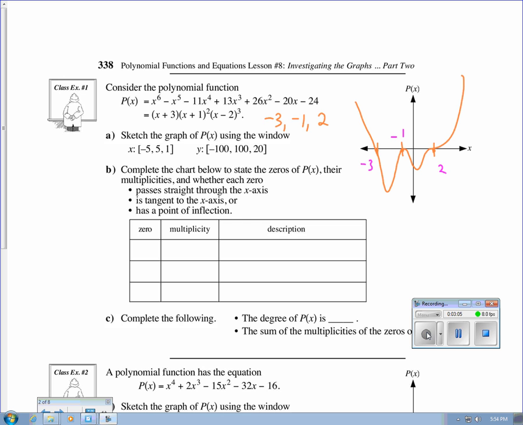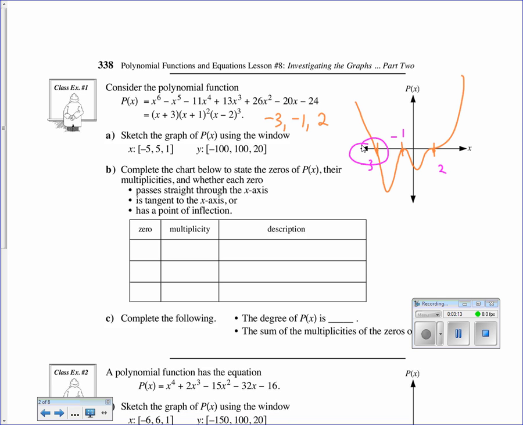We see the multiplicity of 1, 2, and 3. The multiplicity of 1 is at x equals minus 3. It just goes straight through the x-axis. That's a multiplicity of 1. So when my 0 was -3, my multiplicity of 1, and it just passes through the x-axis or crosses the x-axis.